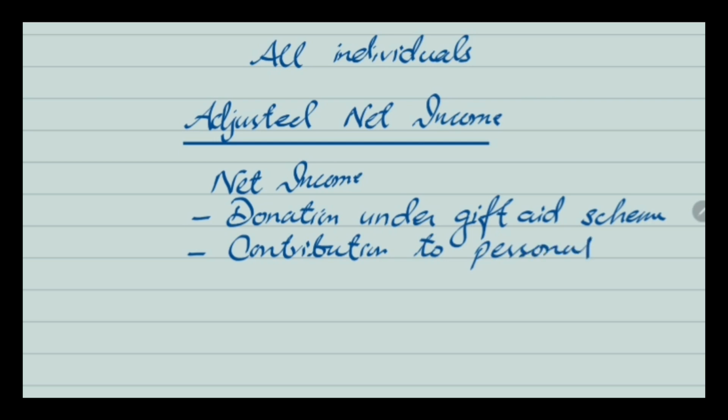We will discuss the personal pension fund later. Both these amounts are considered as gross amounts. Means the gross amount of donation under gift aid and the gross amount of contribution to personal pension fund would be deducted from net income in order to calculate the adjusted net income.